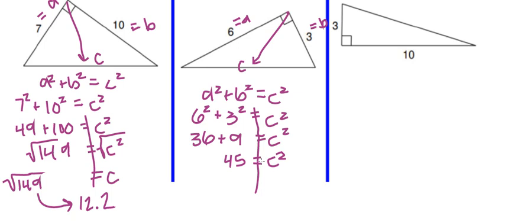So to make the squared go away, I take the square root, and I get that c is equal to the square root of 45. And again, I want my decimal answer, so I take the square root of 45, and I cover up everything except for the 6.70, so this becomes 6.7 is equal to C.